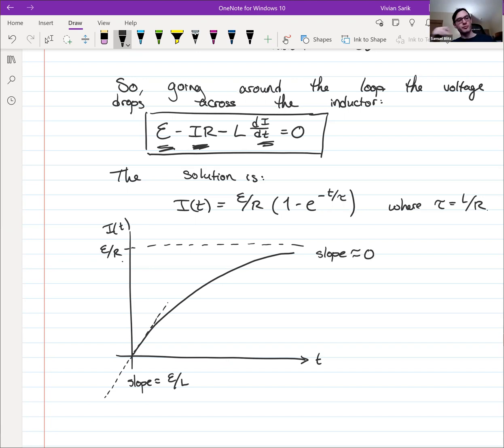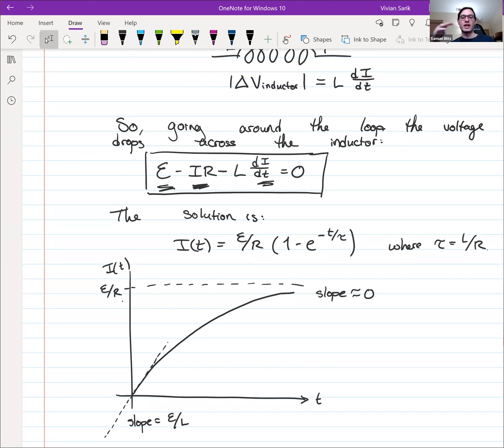Let me back up. There's a feedback loop happening here between the induced voltage and the current.